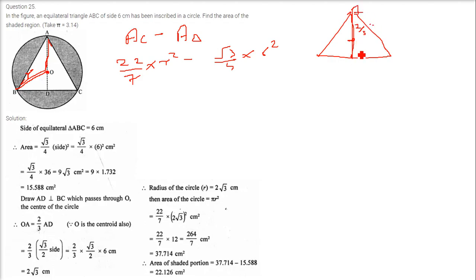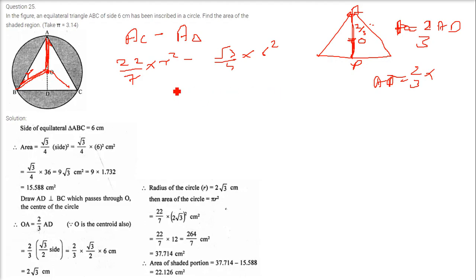Say this is AD. So this AO will be equal to 2/3 of this AD, because we know that this is 1/3, so this is 2/3. AO is nothing but the radius. So AO will be 2/3 of AD.